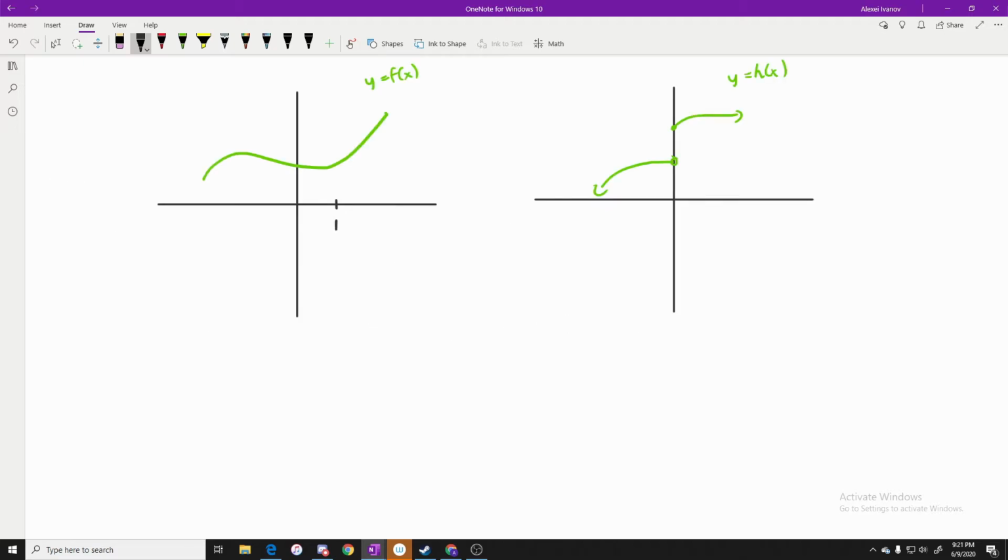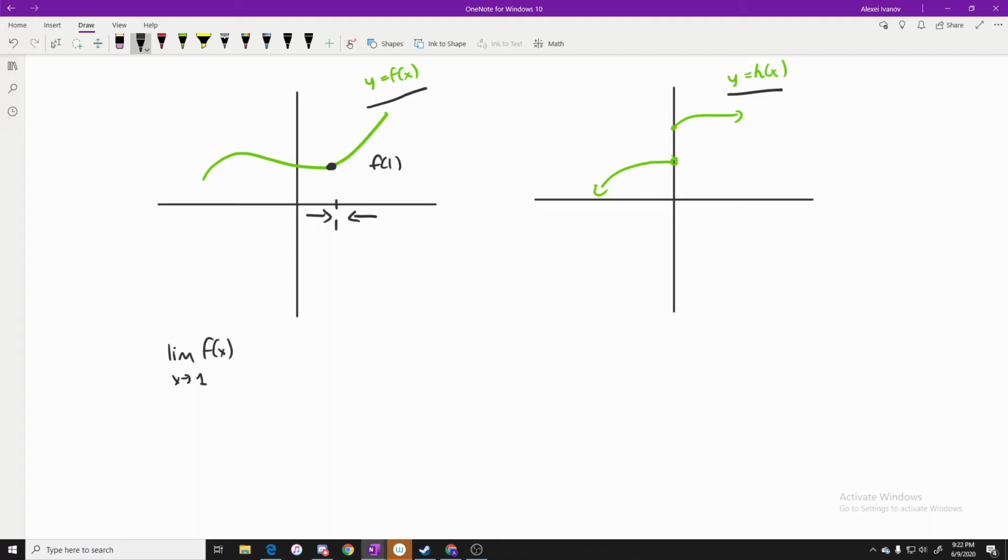So for a graphical example, let's take a look at these two functions, y equals f of x and y equals h of x. If we look at the value x equals 1 over here, and we ask ourselves about the limit as x approaches 1 of y equals f of x, we can say that this limit exists because the value from the right-hand side and the value from the left-hand side will both be approaching this same value of f of 1, whatever that value is.